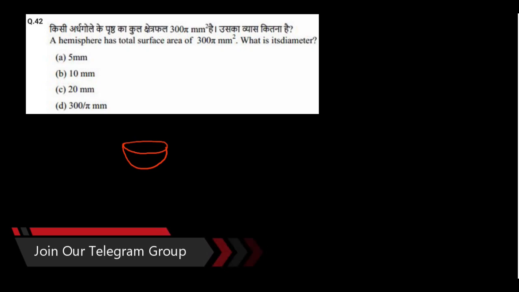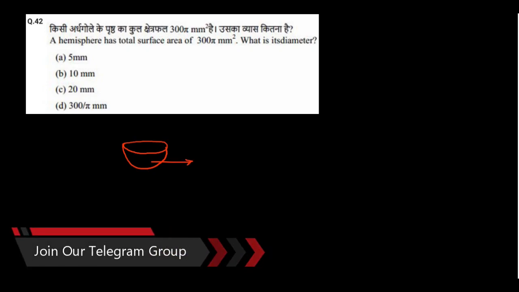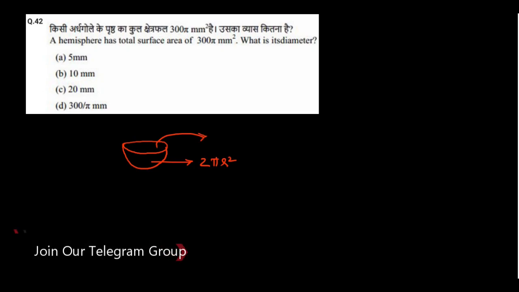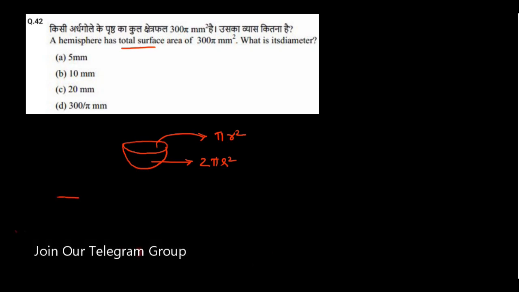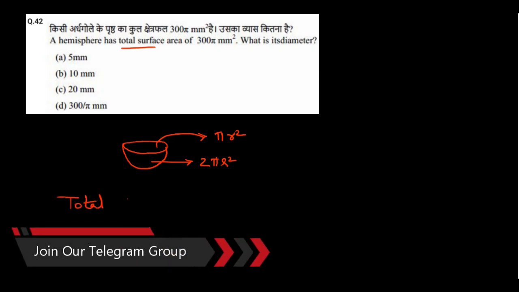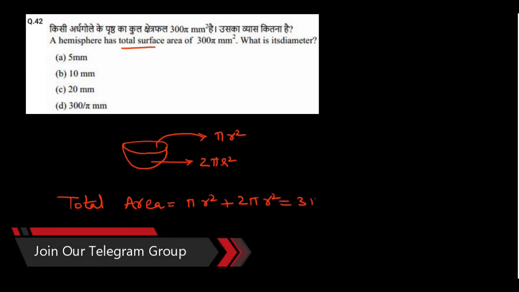The area of this curved surface is 2 pi r square, and this circular area is pi r square. So total area, he has given here the total surface area, equals pi r square plus 2 pi r square, that is equal to 3 pi r square.